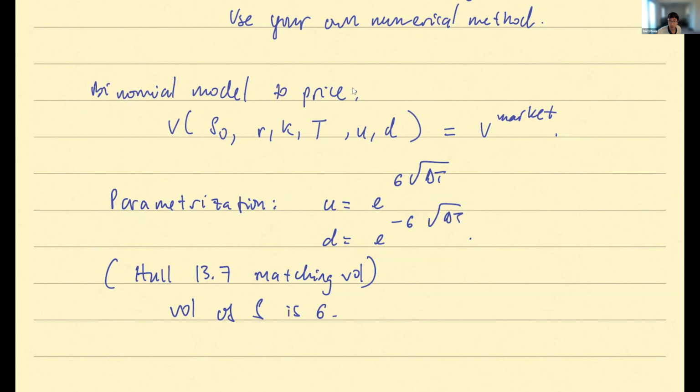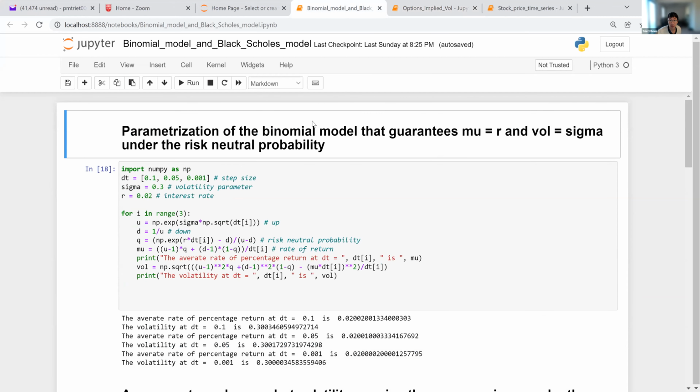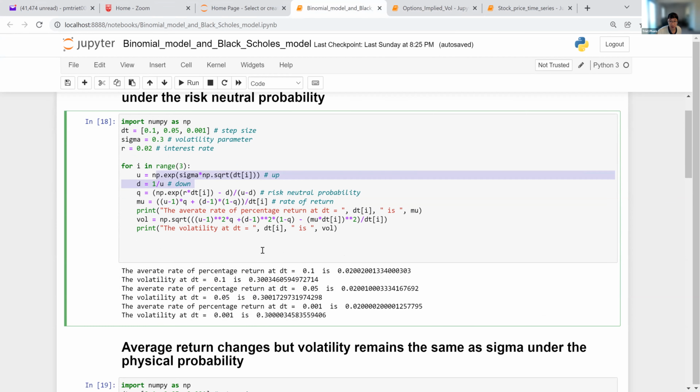I actually already posted a file. Let me show you real quick and then we'll call it a day. Can you see this? Parameterization of the binomial model. If you're curious, we'll discuss this next time, but you can look at it yourself. I show that with the parameterization I just told you about, the volatility by simulation is exactly sigma. So you can trust that that's the right one.